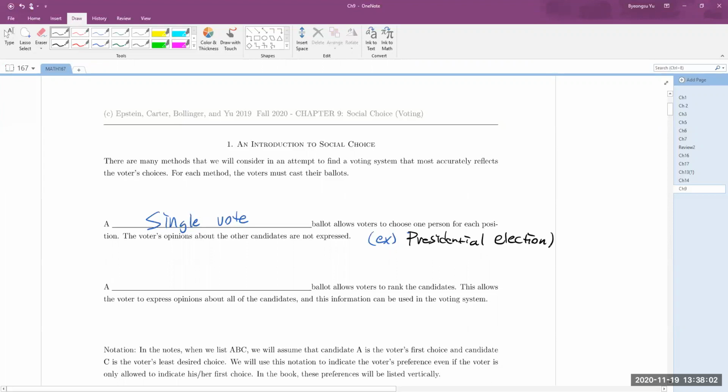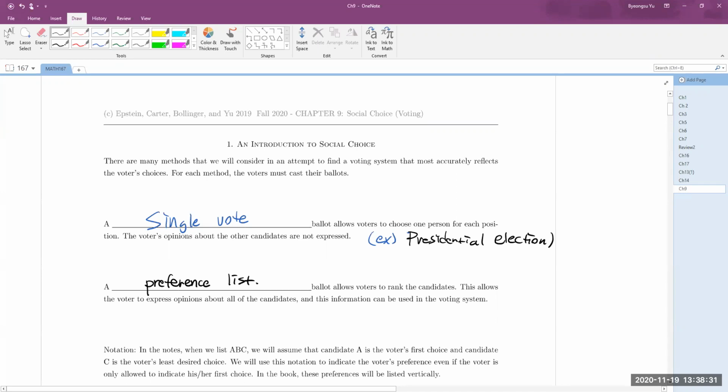However, there is something called a preference list. In the case of a preference list ballot, you can choose not only one person but several, but you need to decide who is the first rank, who is the second rank, who is the third rank, and so on.